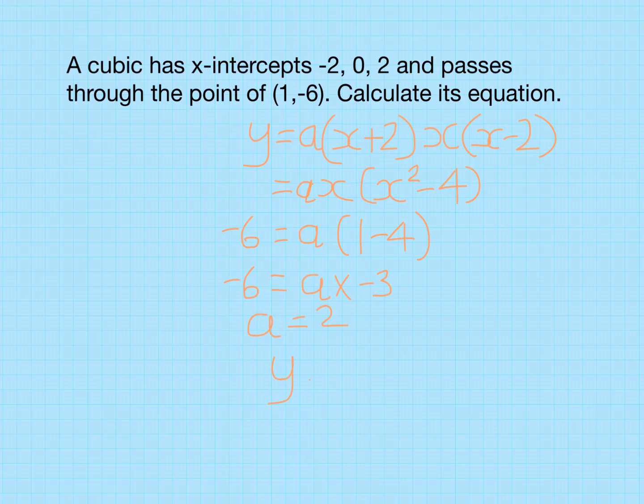So therefore the equation is going to be, I'm just going to substitute a for 2 here, 2x multiplied by x squared minus 4. You may be asked to give it in expanded form, in which case we can easily expand this: 2x times x squared and 2x times -4.